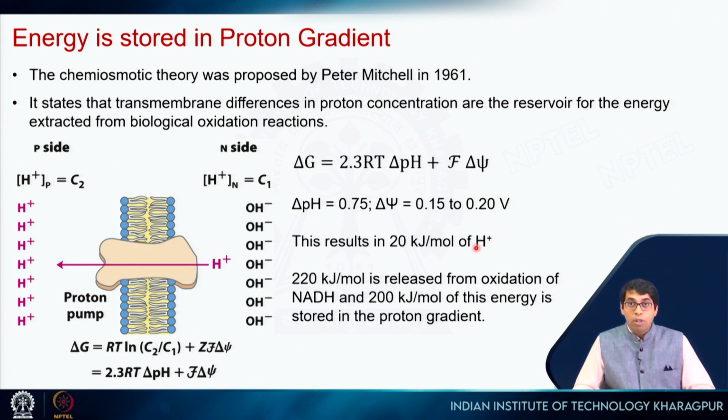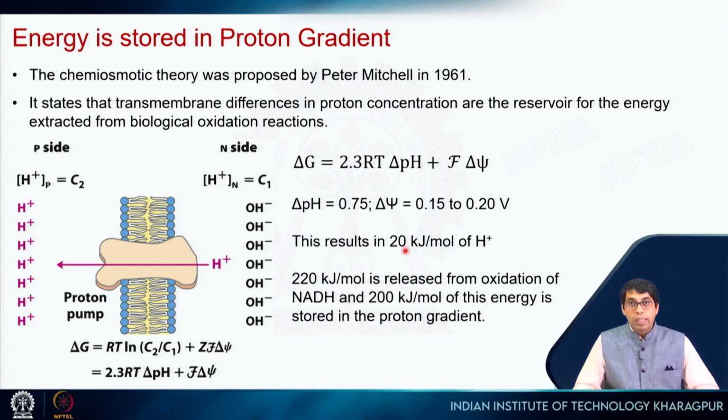So for 1 mole of protons, the ΔG is 20 kilojoules. Now, when 2 electrons are transferred from NADH to oxygen, 10 protons are pumped out.